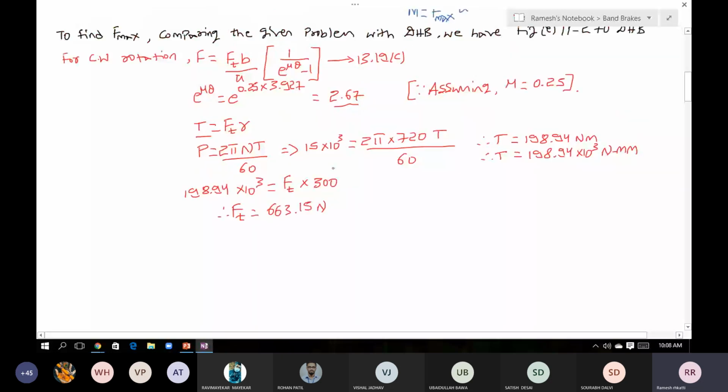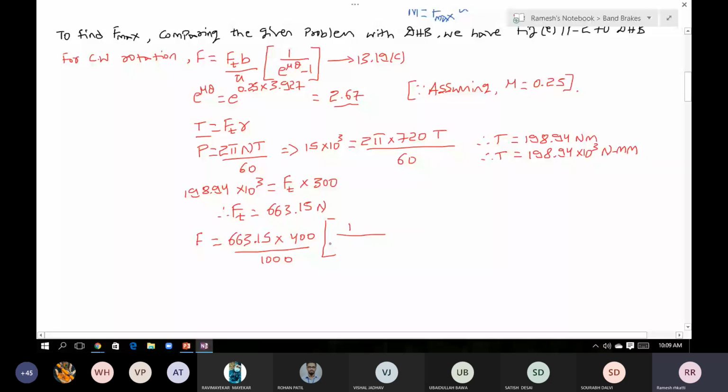You are going to get the force. Substitute all the values. Therefore, force is equal to tangential force 663.15 into B, which is given as 400. A is given in the data, it is 1000, divided by e raised to mu theta, which is 2.67, minus 1.